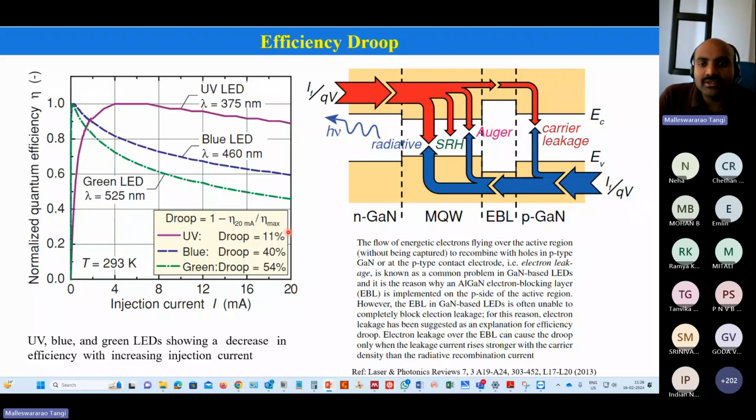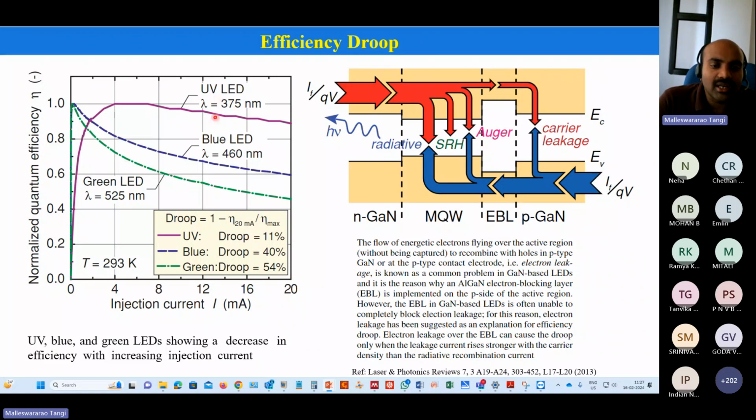The other problem is an intrinsic material problem. It is called efficiency droop. When you inject current into these LEDs to get high luminescence, while increasing current, the external or internal quantum efficiency decreases. As you can see in this figure, increasing current gives a decrease in efficiency.